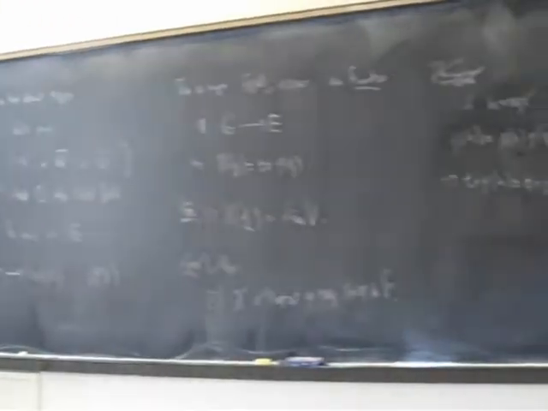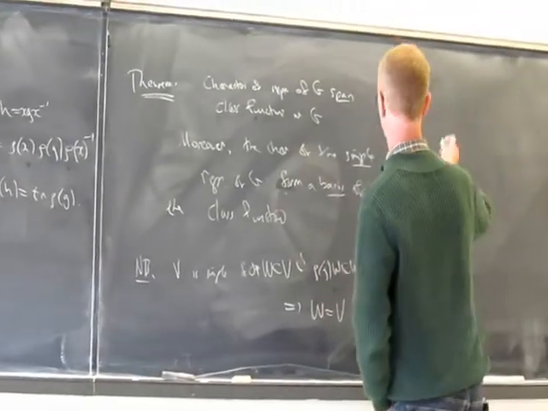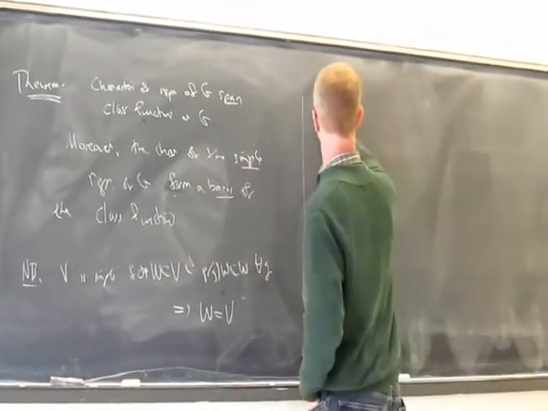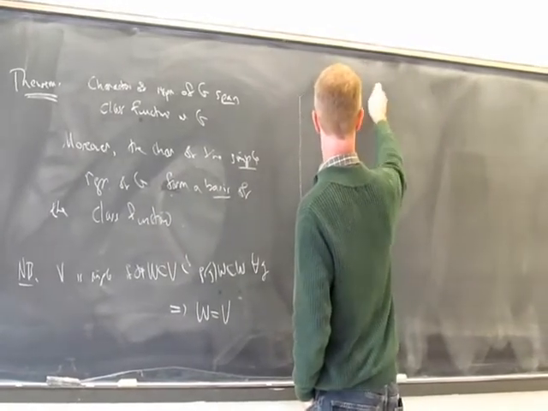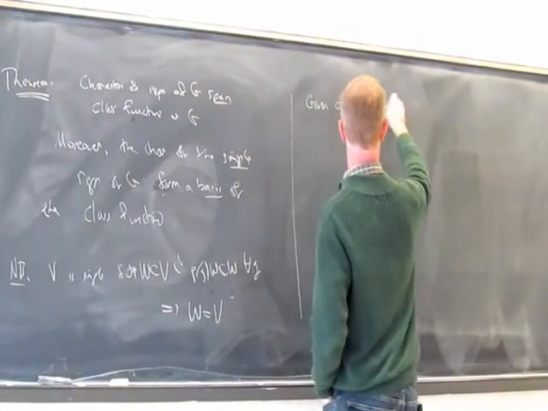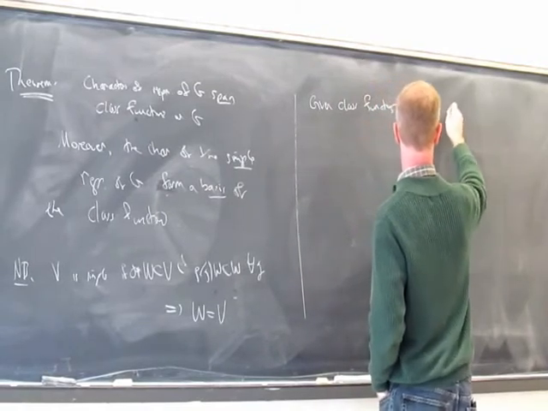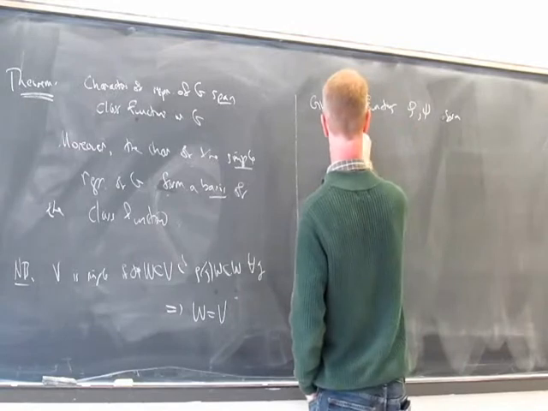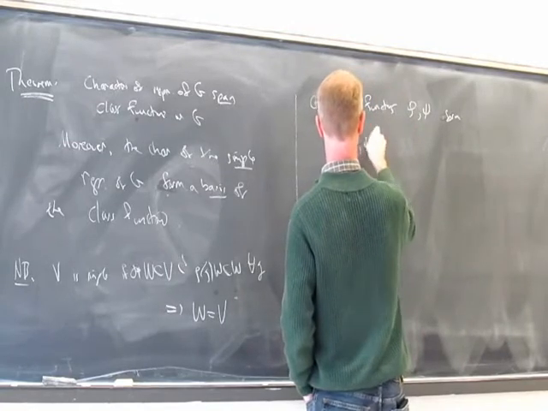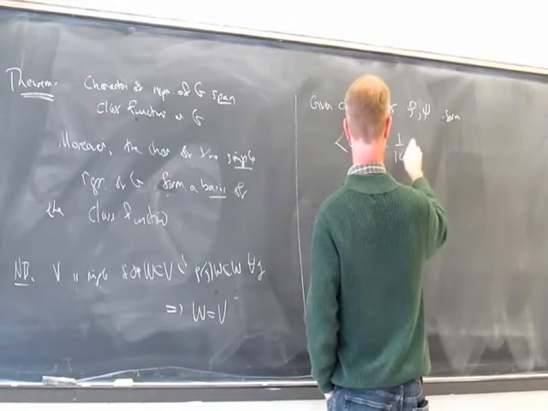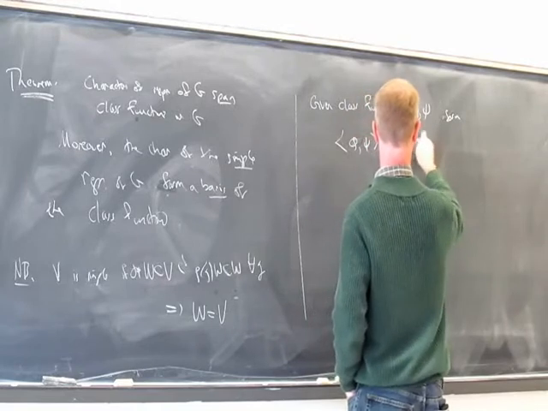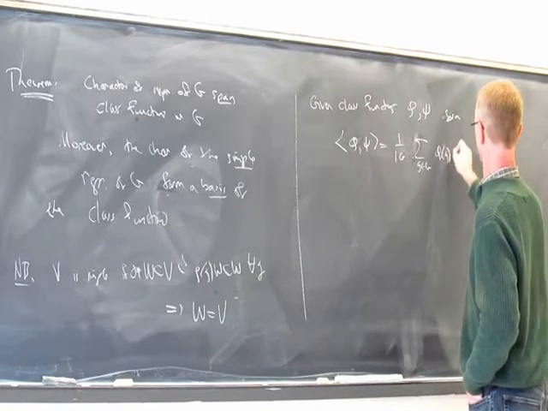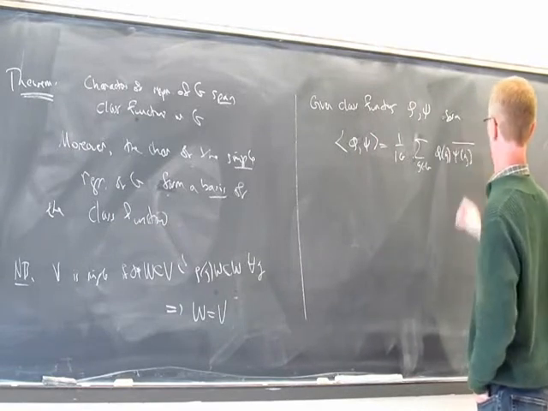Right. So I get, in fact, a basis for the space of class functions. And even a little bit more: given class functions phi and psi, I can form the inner product of phi and psi to be 1 over the order of G times the sum over the elements of G of phi(g) times psi(g) bar.